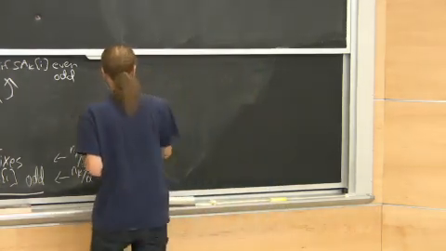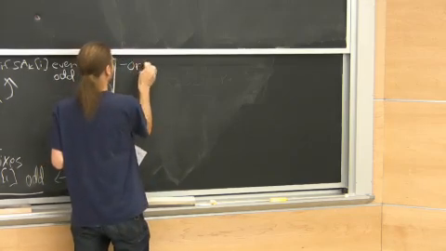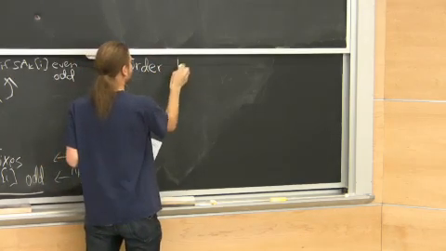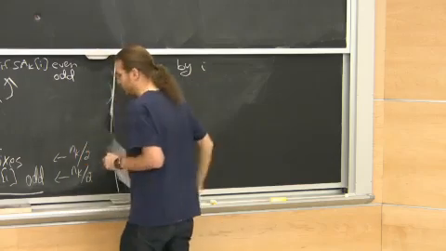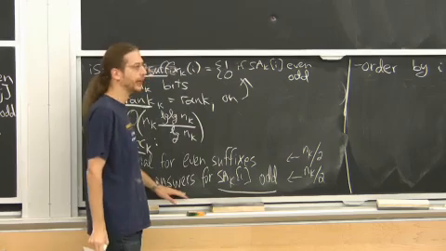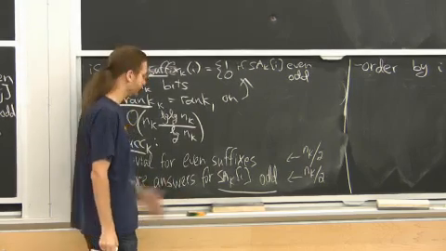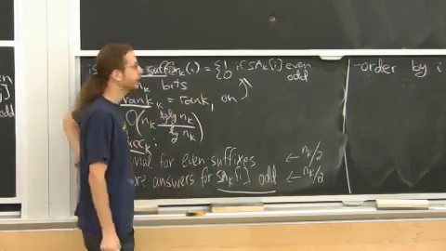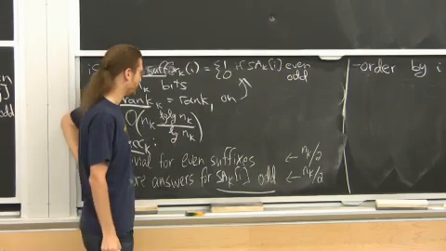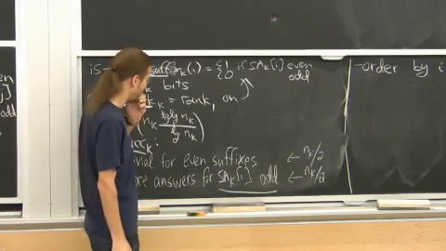Okay, cool. Now the kind of interesting observation. What I'd like to do is store these answers in order by i. That's the obvious thing to do. I want to store basically an array, in order by i.